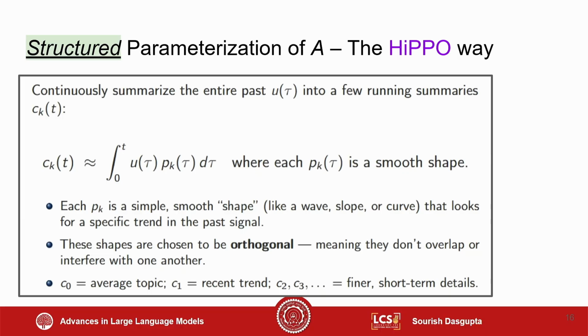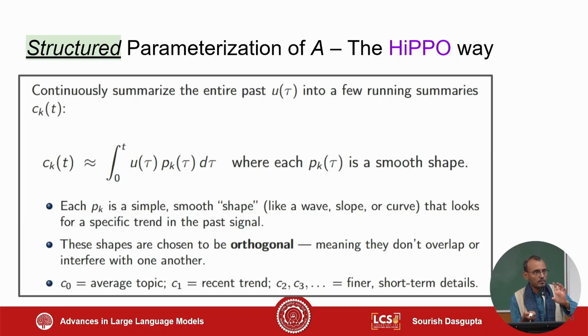We will look at that, but the idea is that instead of looking at the entire past, which is u tau, the entire past sequence, you make a summary of that. Instead of going over the entire long horizon, because that's too long, you make a summarized version of the information in that long past sequence.